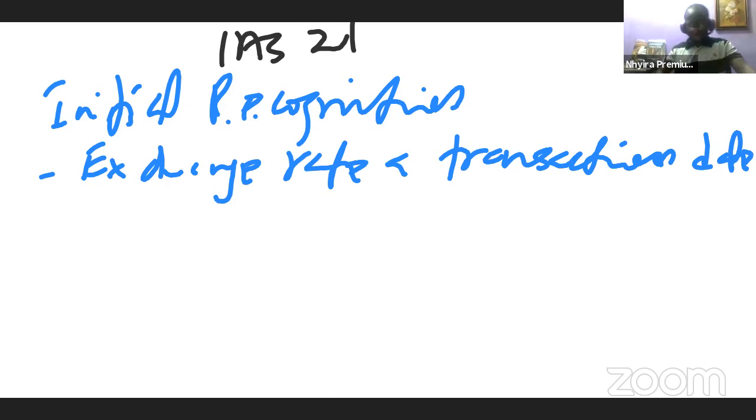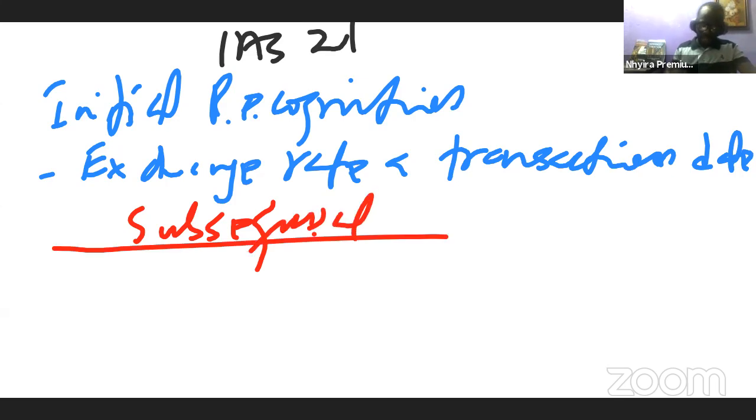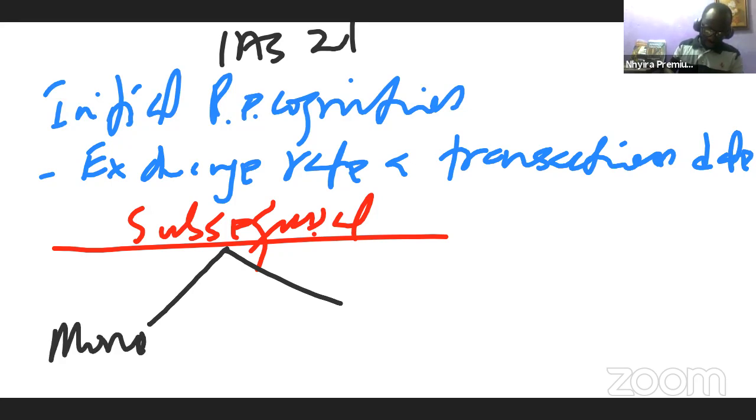Then on subsequent measurement, it depends on what is happening. We can either have a financial asset, a monetary asset, and then non-monetary assets. So on the subsequent measurement of the transaction, it depends on whether we are dealing with monetary items, let's put it that way, as against non-monetary items.